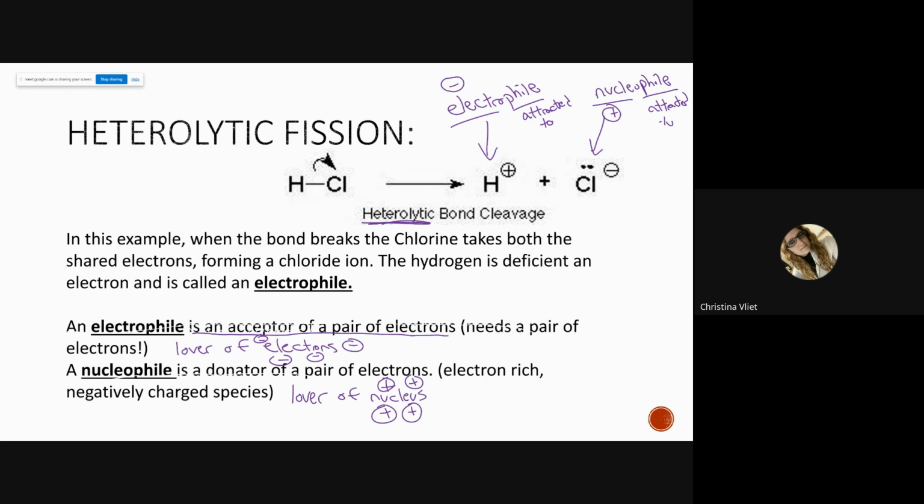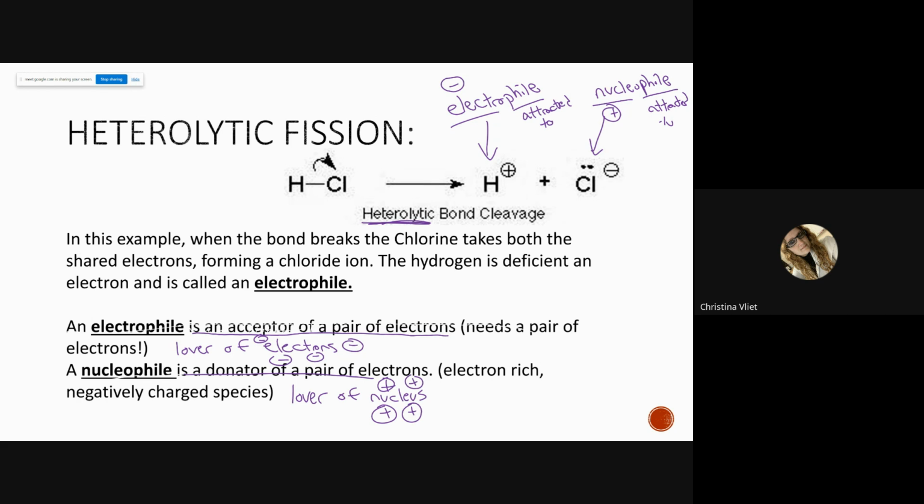Something that loves the nucleus will get rid of its electrons. So a nucleophile that has excess electrons will be getting rid of those electrons as a result. And so that's interesting to note and will be important for your mechanism.